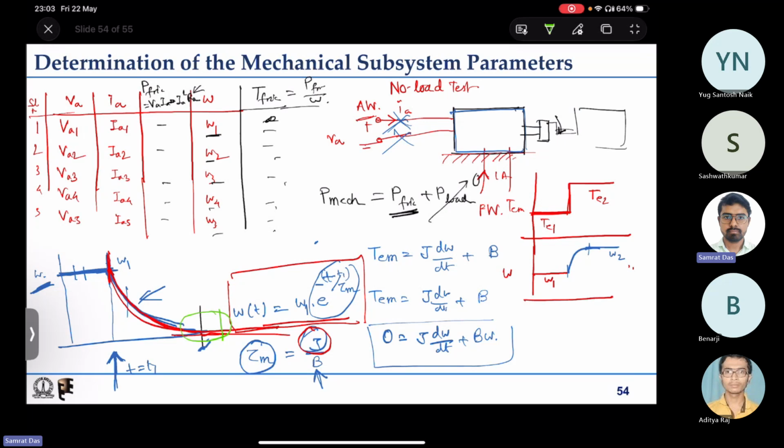So it is better to take a narrower window like this, where you try to fit the experimental curve by the analytical one, and you can get the mechanical time constant. And once you get the mechanical time constant, you can get the moment of inertia also.